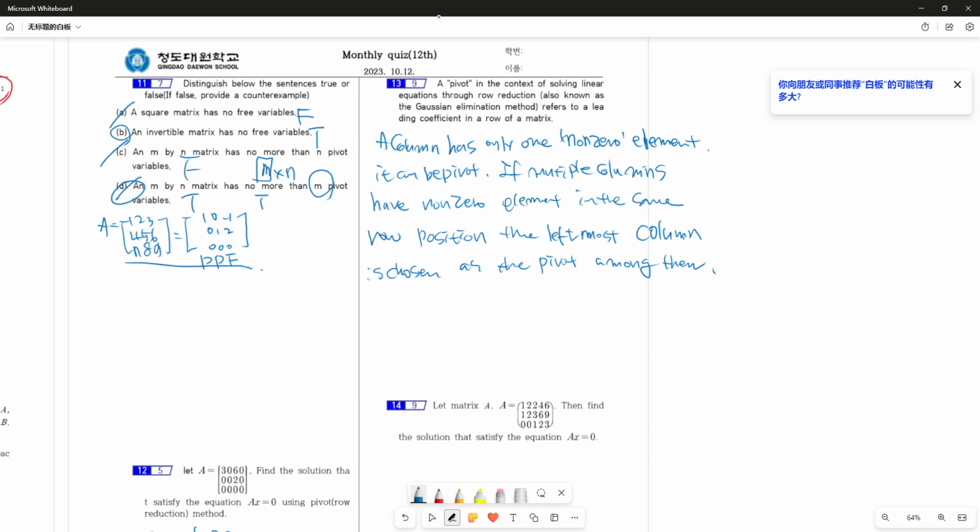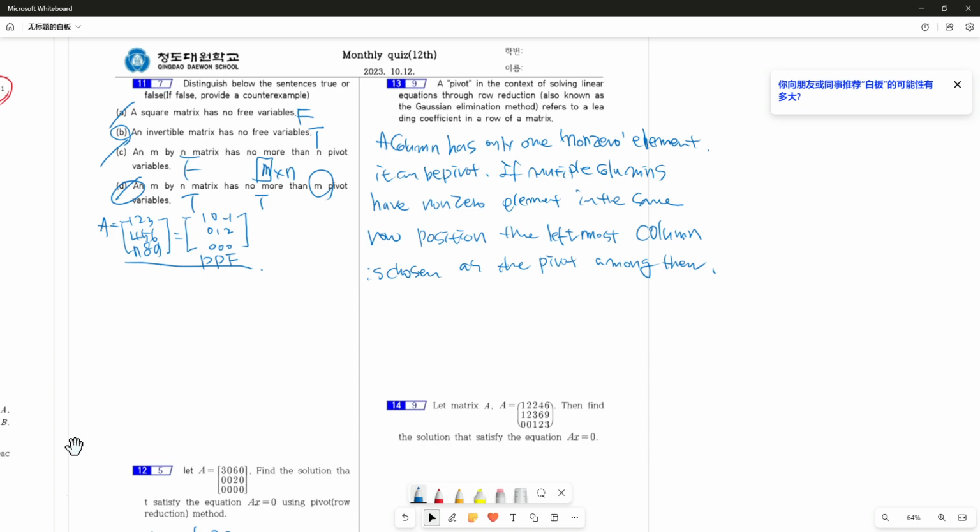But in most cases, most of your answers write down the pivot as the rows of the element. No, it isn't. Pivot is just the number of the rows of the matrices. Actually, not the rows. The pivot has two types of rows. The first type is the pivot rows, and the second is null rows.